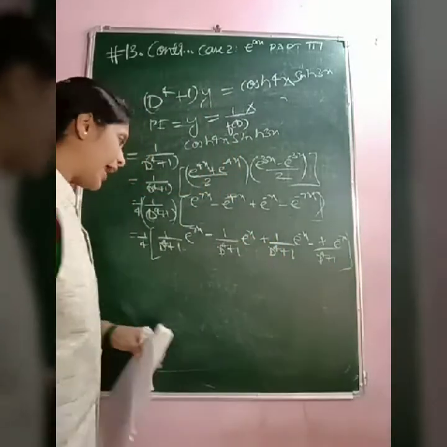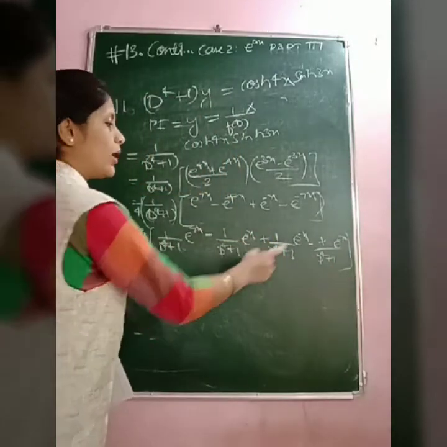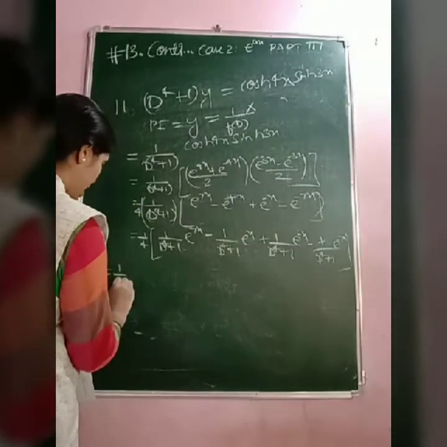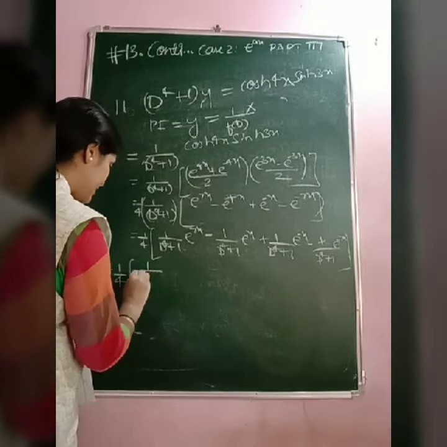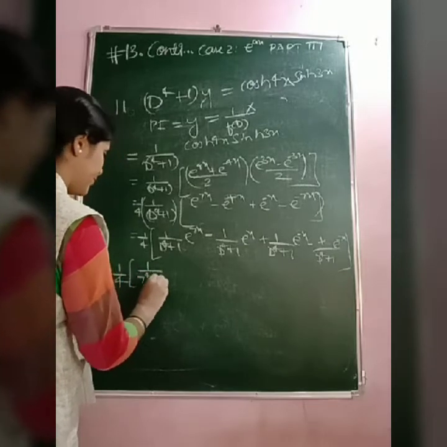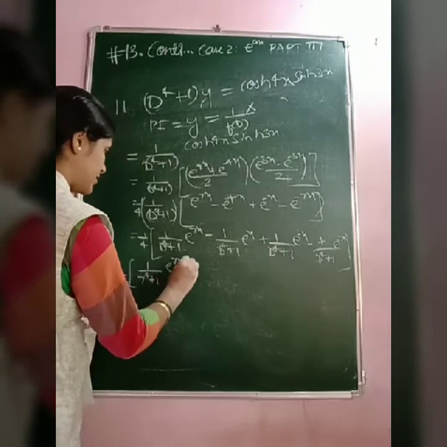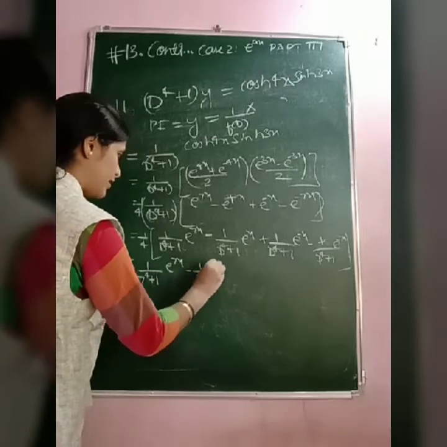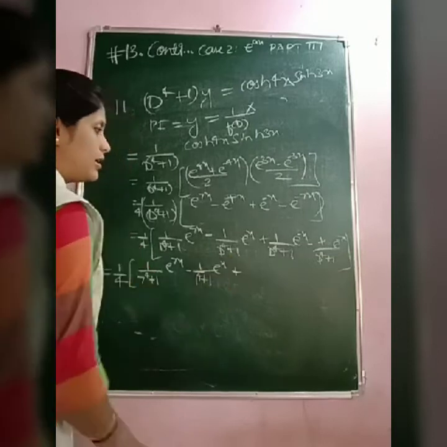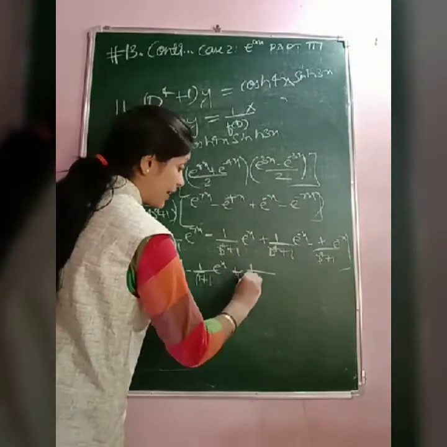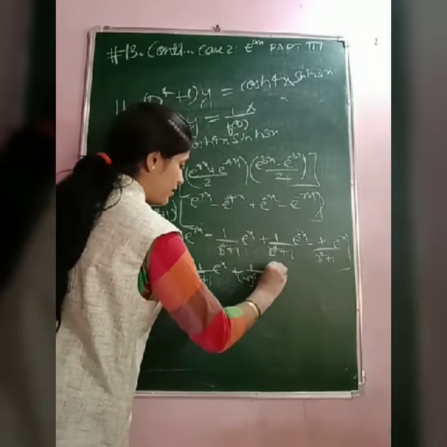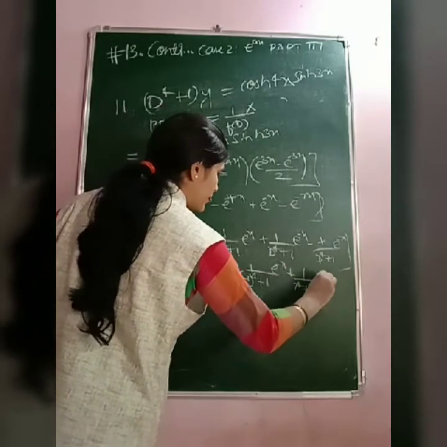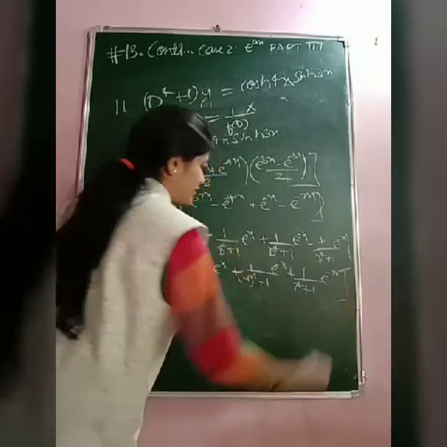So let us put the a values: a is 7, 1, −1, −7. So 1/4 outside: 1/(7⁴ + 1) e^(7x) − 1/(1⁴ + 1) e^(x) + 1/((−1)⁴ + 1) e^(−x) + 1/(7⁴ + 1) e^(−7x).